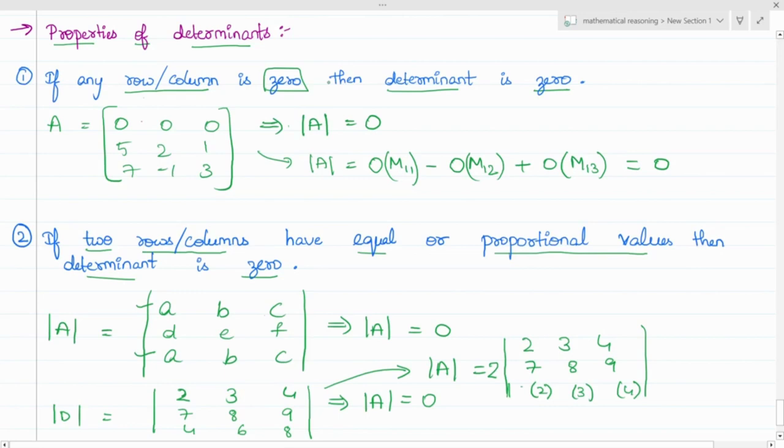Again, the first and the third row elements have equal values. So it was nothing but 2 times 0, which is nothing but 0 itself. So basically, if any 2 rows or any 2 columns have equal or proportional values, then its determinant is always 0.